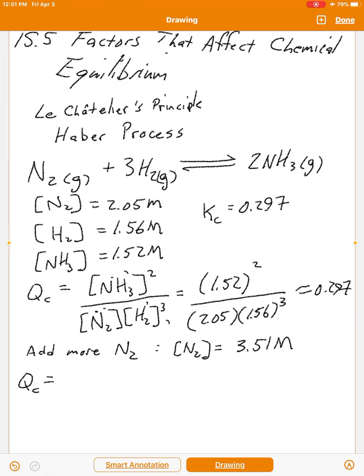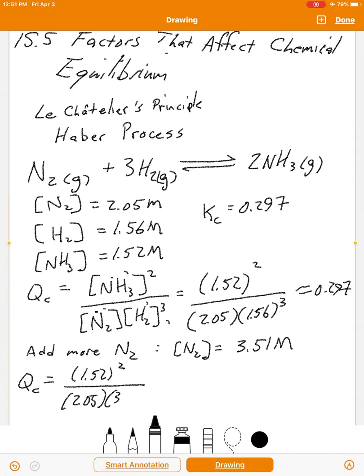The ammonia is still the same, 1.52 squared. Then we divide that by 2.05, and then we divide that by 3.51. And then the hydrogen is still 1.56.